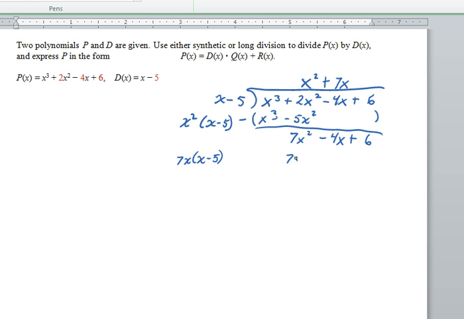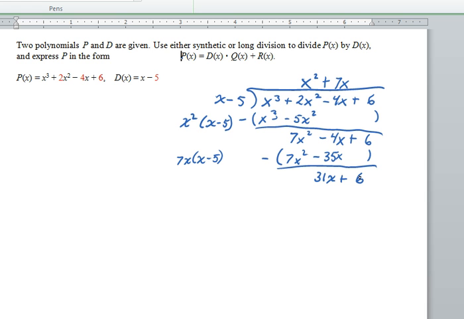That'll give us 7x squared minus 35x. When we subtract, we'll get negative 4 plus 35x, which would be 31x, plus 6. 6 take away 0 is 6.